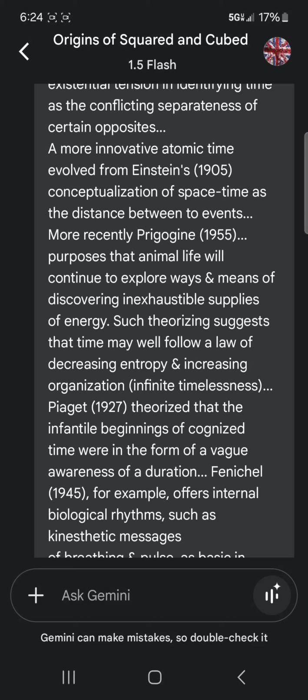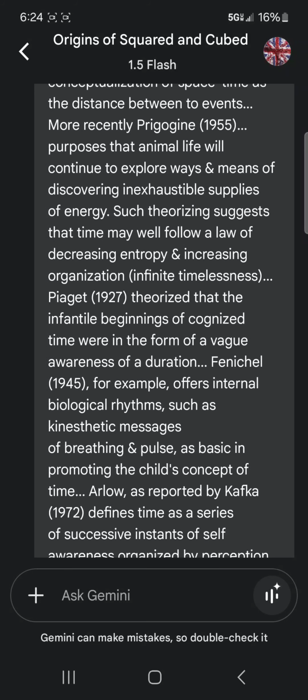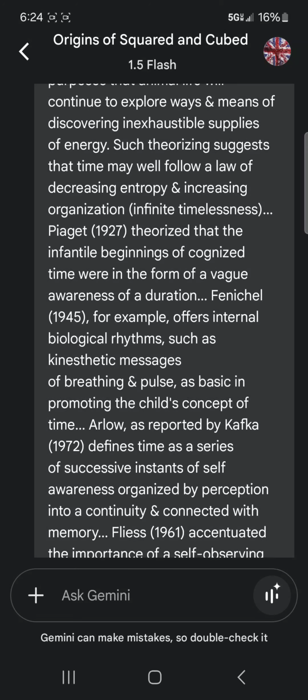More recently, Prigogine, 1955, proposes that animal life will continue to explore ways and means of discovering inexhaustible supplies of energy. Such theorizing suggests that time may well follow a law of decreasing entropy and increasing organization, infinite timelessness.